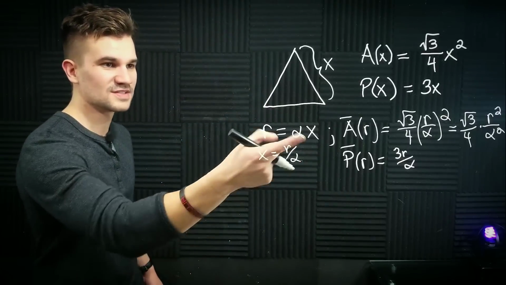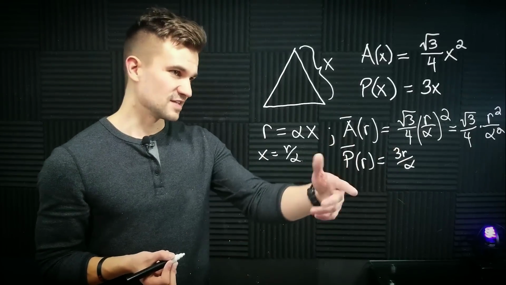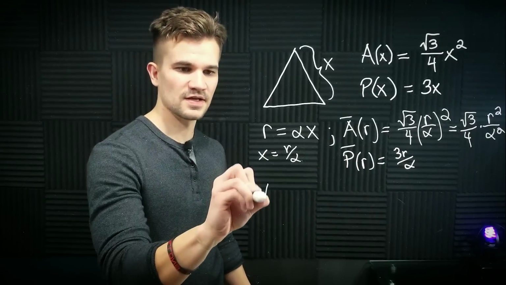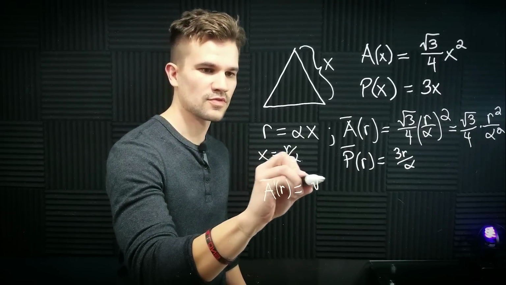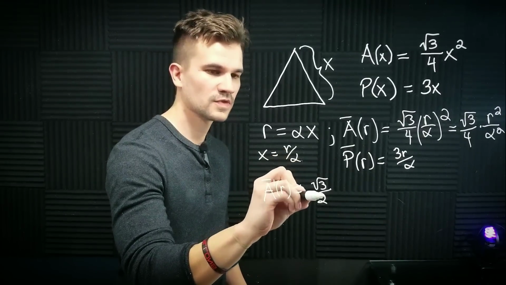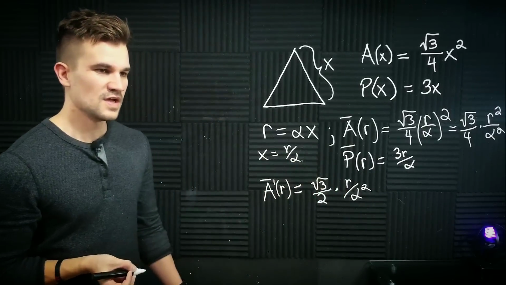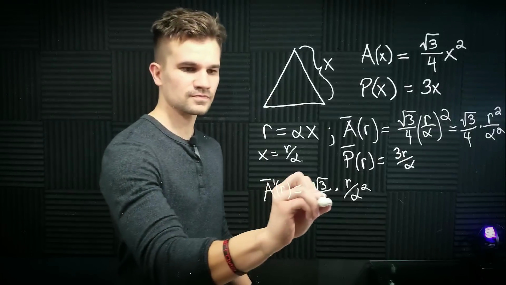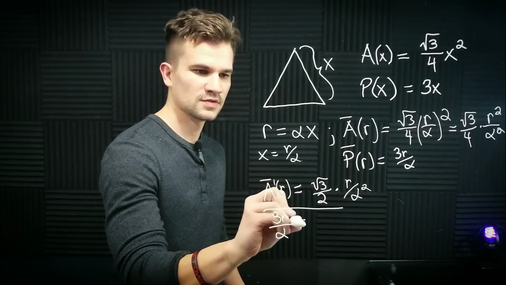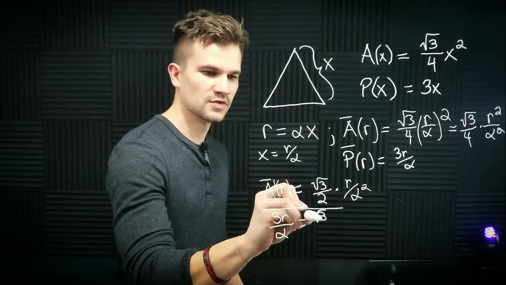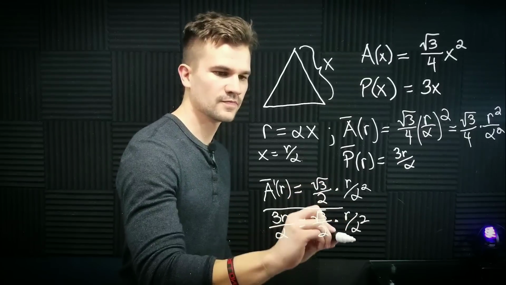So like before, we're going to take the derivative of A bar and set it equal to P bar. The derivative here is again a simple power rule. We're going to get that A bar prime of r is equal to root 3 over 2 times r over alpha squared. And now we'll set that equal to P bar. We get that 3r over alpha equals root 3 over 2 times r over alpha squared.